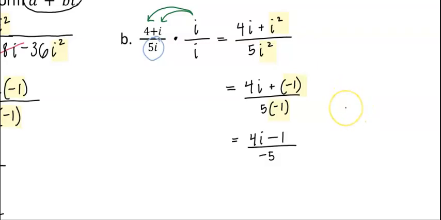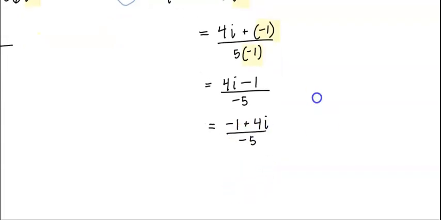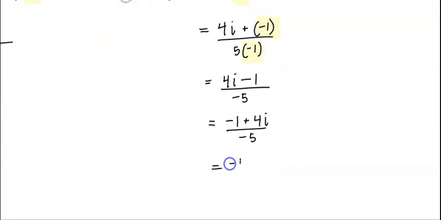Remember, we want it to be in the standard form a plus bi. So we're going to switch these two terms around, negative 1 plus 4i. And then it's all over negative 5, but we want to split it up. So it's negative 1 over negative 5 plus 4 over negative 5 with the i next to it.